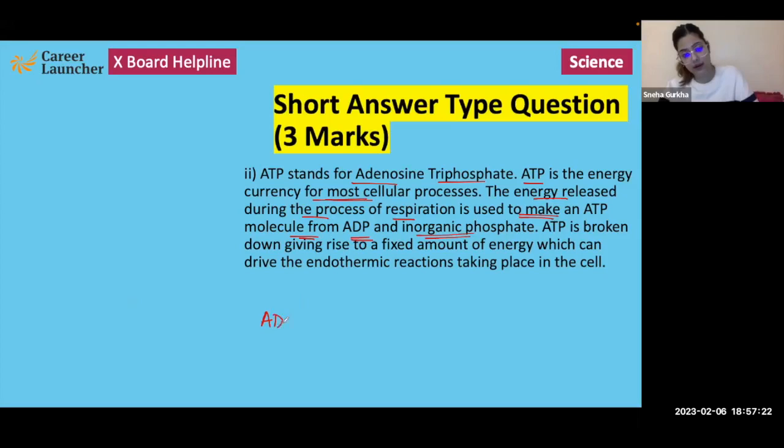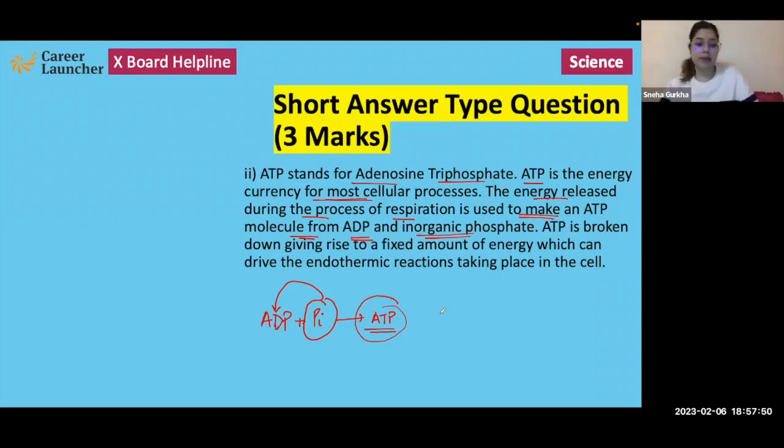So when inorganic phosphate is added to adenosine diphosphate, it results in the formation of ATP, right? So the energy which is released during the process of respiration is used to add this inorganic phosphate to ADP and convert it into ATP.